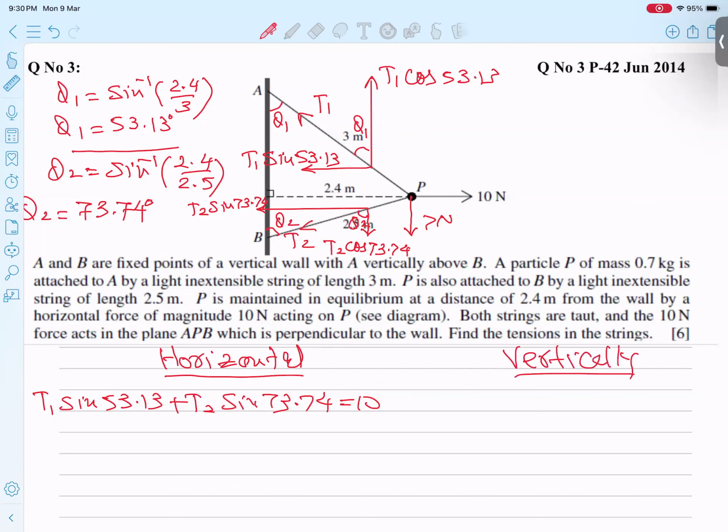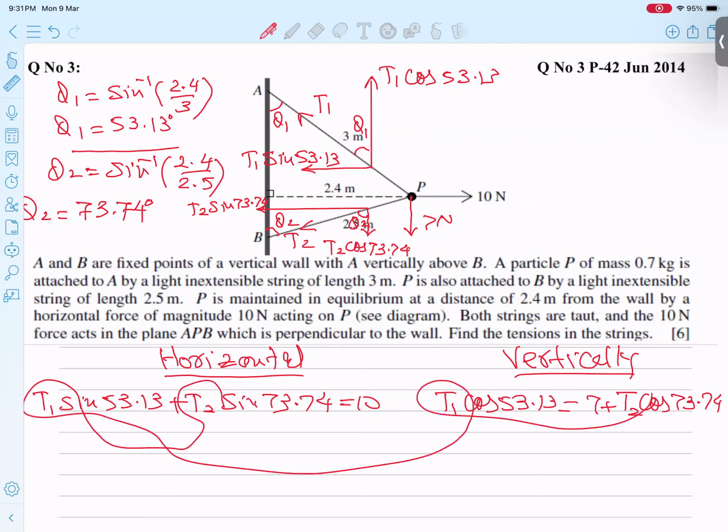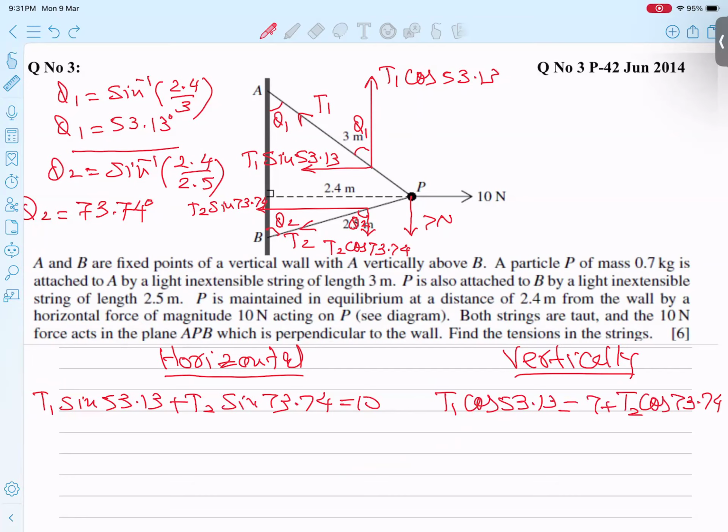The top is T1 cos 53.13, which is equal to 7 plus T2 cos 73.74. It's a little bit complicated, because T1 and T2 are both here, and I have to solve them simultaneously.